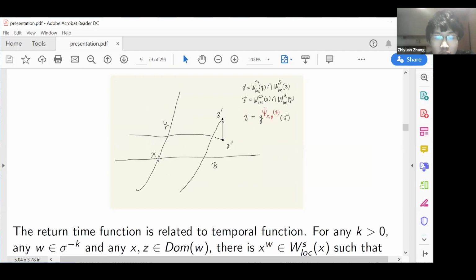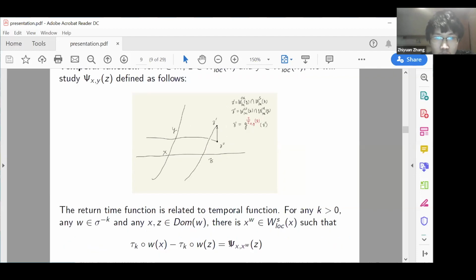X is any point on the manifold, and Z is any point on the unstable manifold of U. And Y is any point on the stable manifold of X. Then you consider the stable manifolds through X and the unstable manifolds through Y. They will intersect on a flow line. The distance along this flow line is denoted by this red letter, psi XYZ.